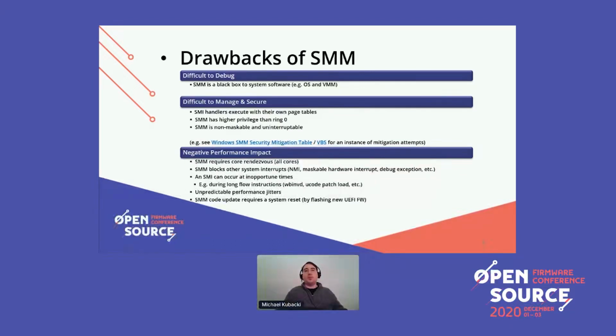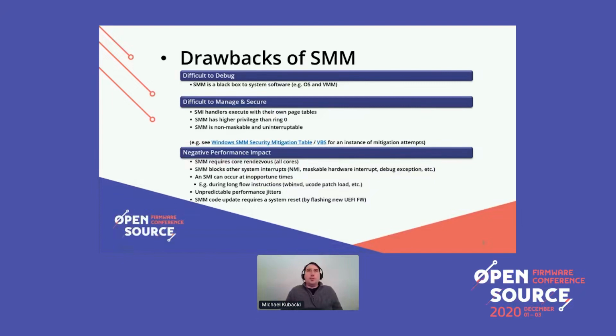So you might see some performance glitches or things like that. Whenever that happens, it can impact your code depending on what your code is doing, and it's very difficult to debug that because it's running in a separate execution mode outside the normal operating system context.